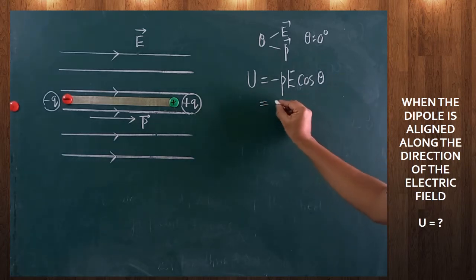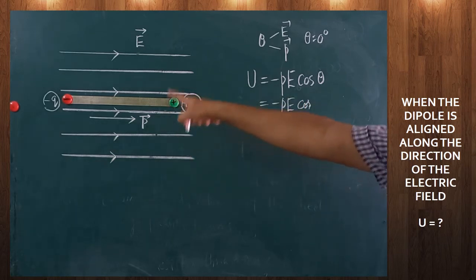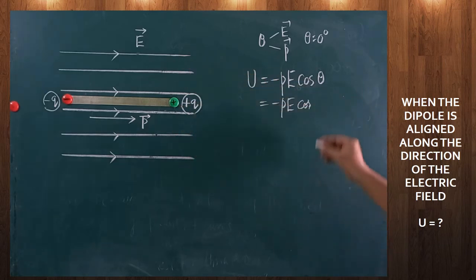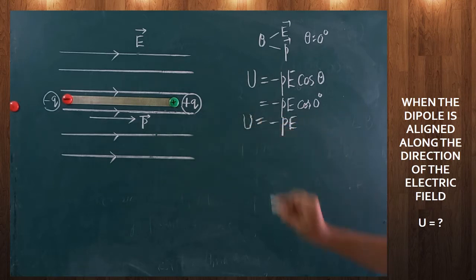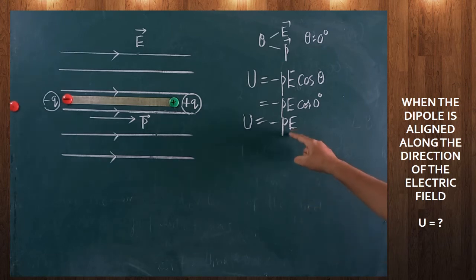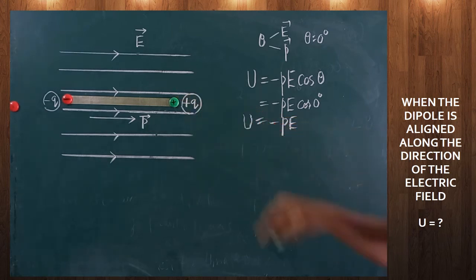Now substitute: the angle between the electric field and the dipole moment is 0, therefore substitute 0. You will get minus PE. This much electrostatic potential energy is stored in this position, when it is aligned along the direction of the electric field.